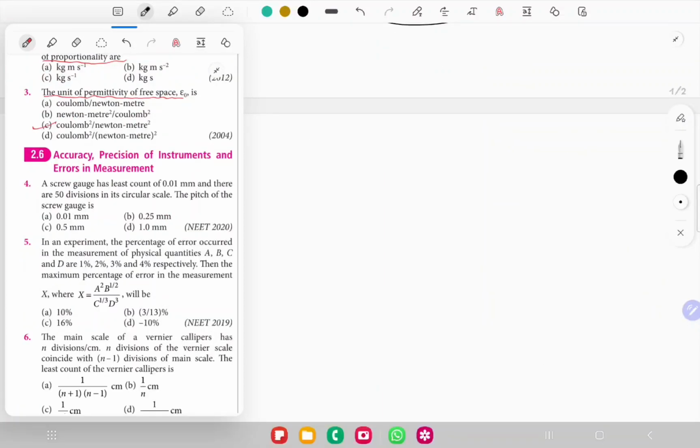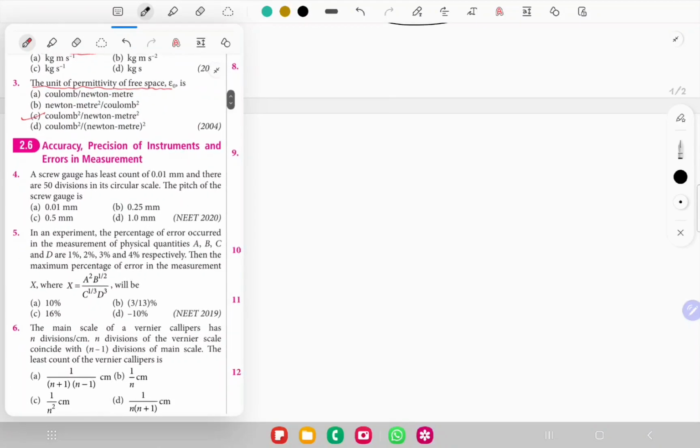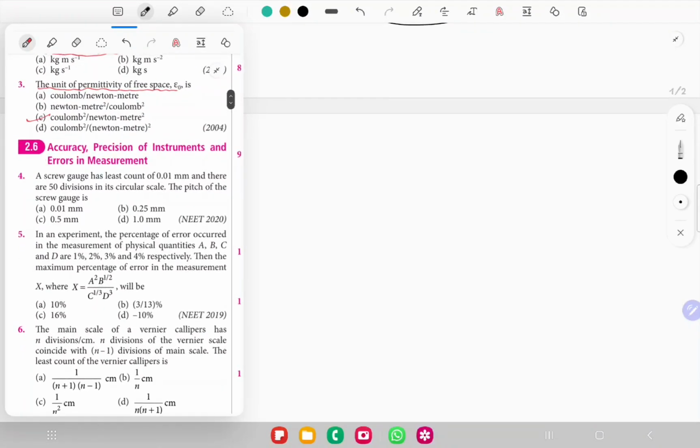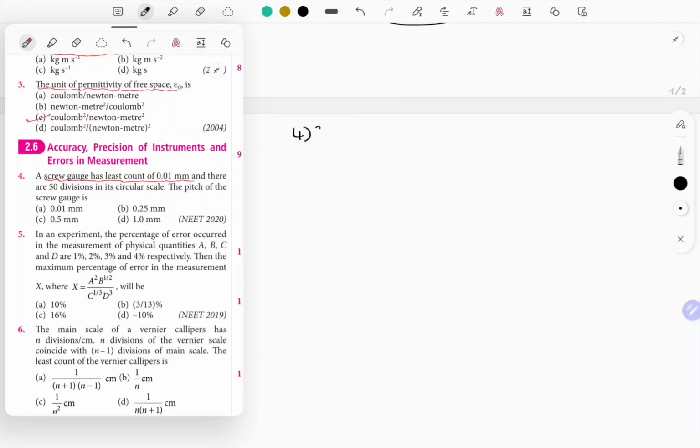Now let's move on to the fourth question. This question is based on the screw gauge. Look at the question and the given data. The screw gauge has a least count of 0.01 millimeter. Let me substitute it. Fourth one, solution. Least count they have already given, which is equal to 0.01 millimeter.